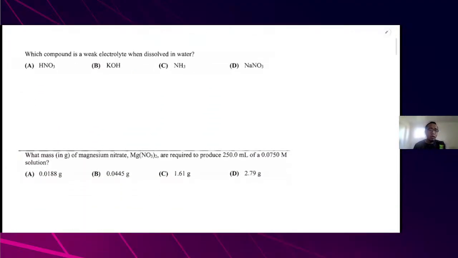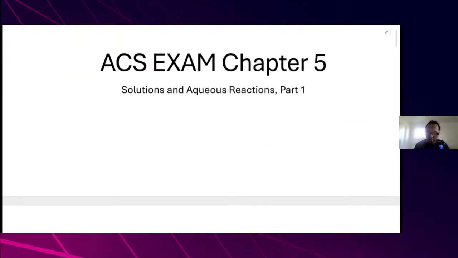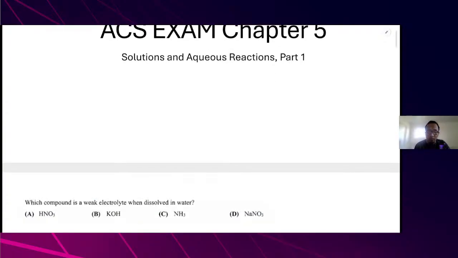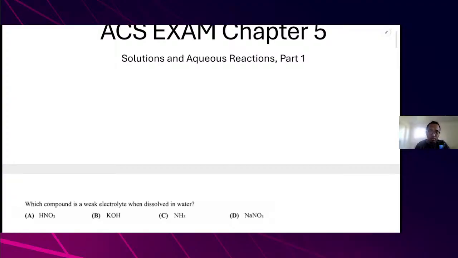As usual, I will show you the concept, and then we choose which option might be the correct answer, and at the end I will give you a summary of the concept and double check with the key answer. So now we are discussing solution and aqueous reaction part 1. There is another part, part 2, but we will discuss that later.